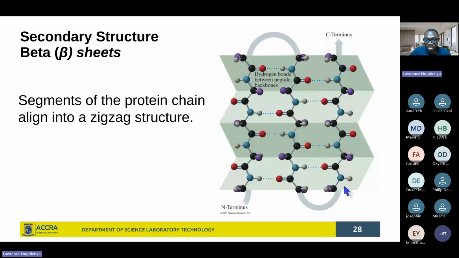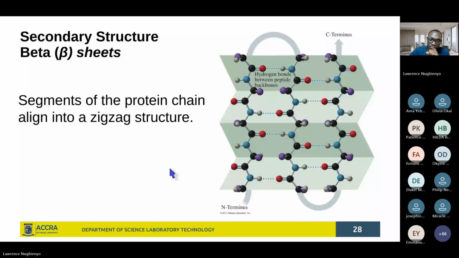What is being depicted here is a zigzag structure. That is beta sheets. All right, so we have talked about two types of secondary structure, the alpha helix and the beta sheets. These two, the bond that is involved in their structures is the hydrogen bond.